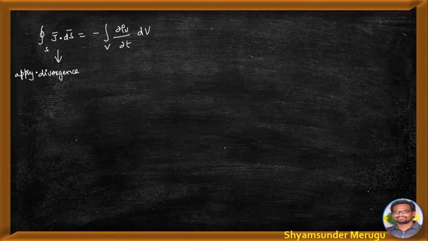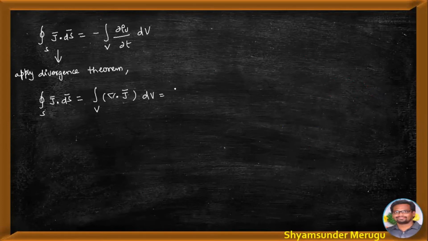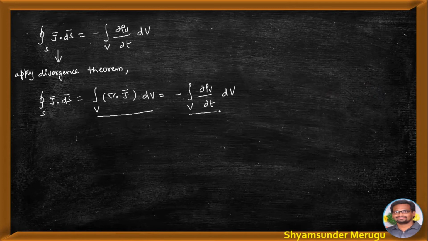We can write closed surface integral J bar dot ds bar equals volume integral of the divergence of the current density J bar dv equals minus volume integral dou rho v over dou t dv. Now, considering the two integrands equal, we can write del dot J bar equals minus dou rho v over dou t.